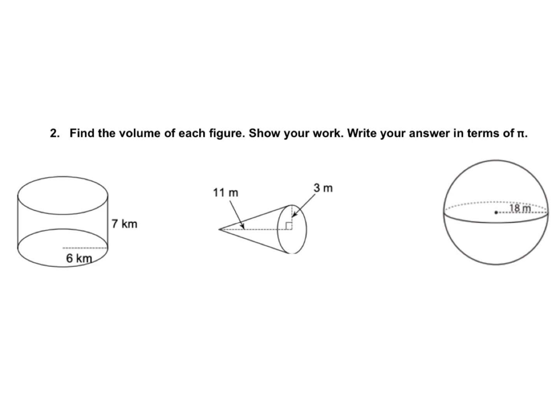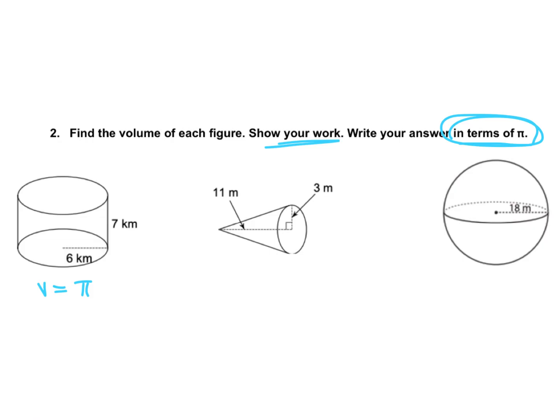For number 2, we're going to find the volume of each figure, and make sure you show your work. Our answer is in terms of pi. Remember, that means we don't calculate the pi. Our first shape is a cylinder. Use your formula sheet to find the formula for the volume of a cylinder.